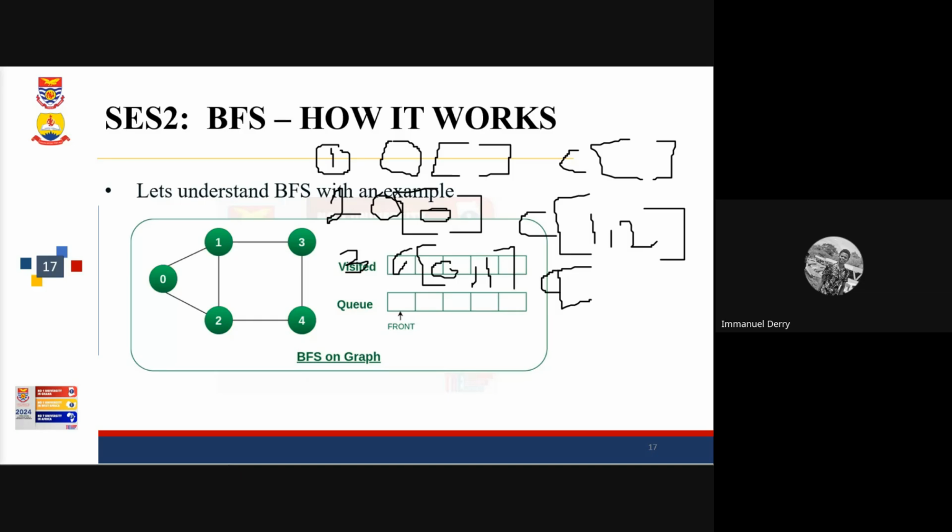So we have 2 and then 3, because when we go to 1 over here, we have the opportunity to now explore 3, or we can see 3. So 3 is going to be part of the closed list.